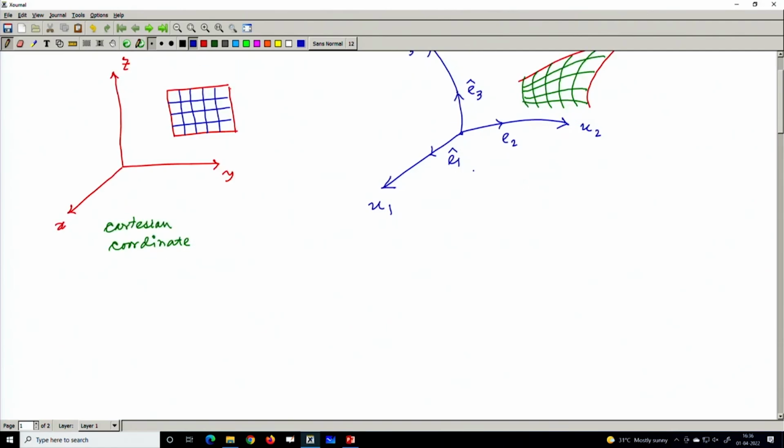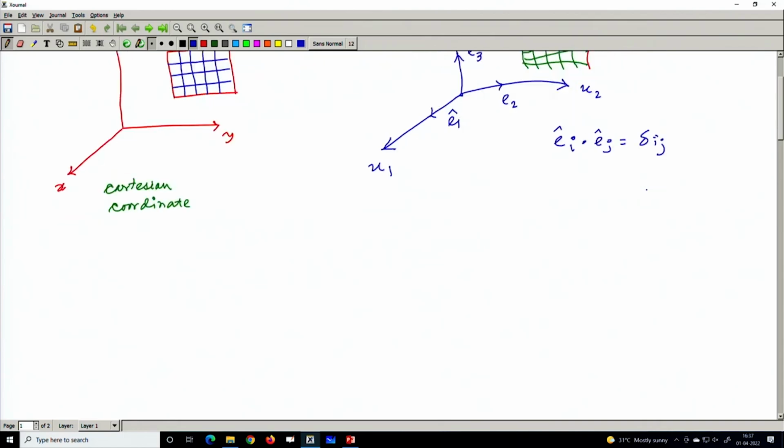However, this condition is valid here. They are an orthonormal system.